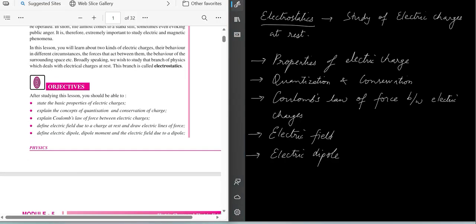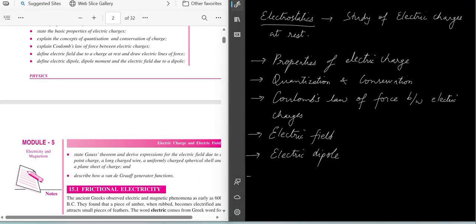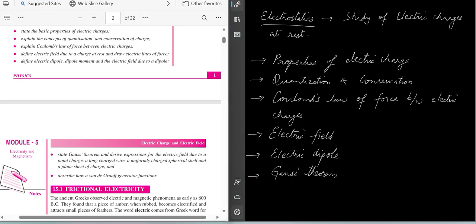So these are the objectives, and then we will also understand Gauss theorem. So what is Gauss theorem and how we can derive expressions for electric field due to a point charge, due to a long charged wire, then due to a uniformly charged spherical shell, and finally the electric field due to a plane sheet of charge.